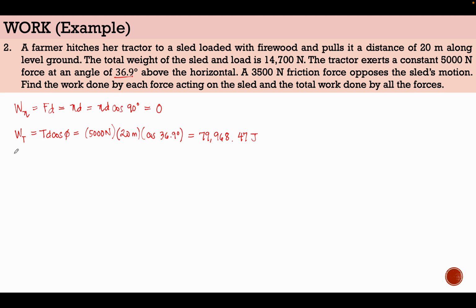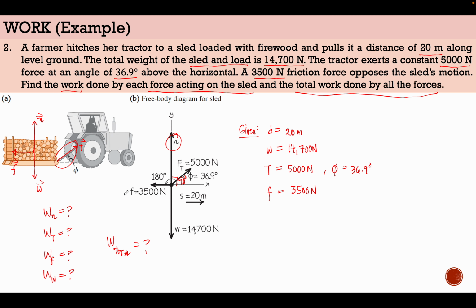So we are now done with the work done by the normal force as well as the tension force. So we will proceed with the work done by the friction force. So we have the friction force times the distance times the cosine of the angle phi. So our friction force is 3,500 newtons times 20 meters times cosine of, okay, so let's go back to the previous slide. Notice that the friction force is moving along the negative x-axis.